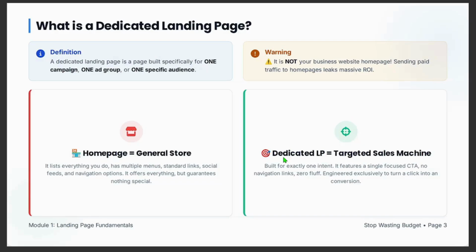It has everything, but nothing is special. A dedicated landing page is like a targeted sales machine. It is built for only one purpose, and that purpose is to convert visitors into customers. So this is very important.